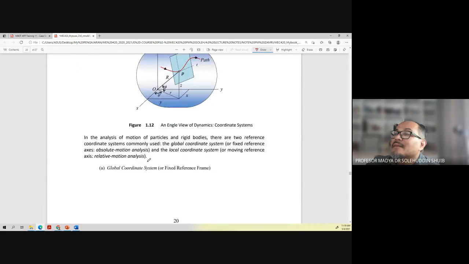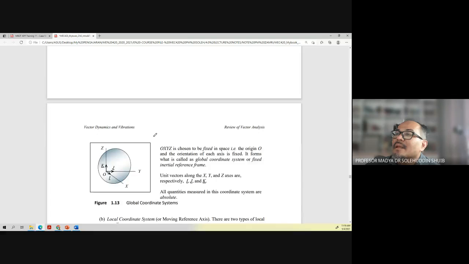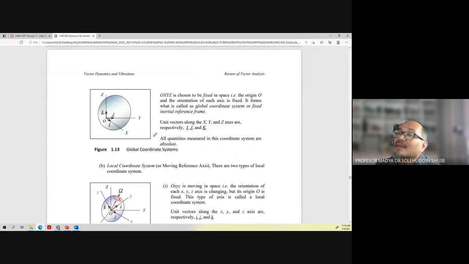I also mentioned to you that you should be able to differentiate between the global coordinate system, which is a fixed reference frame, and the local coordinate system.